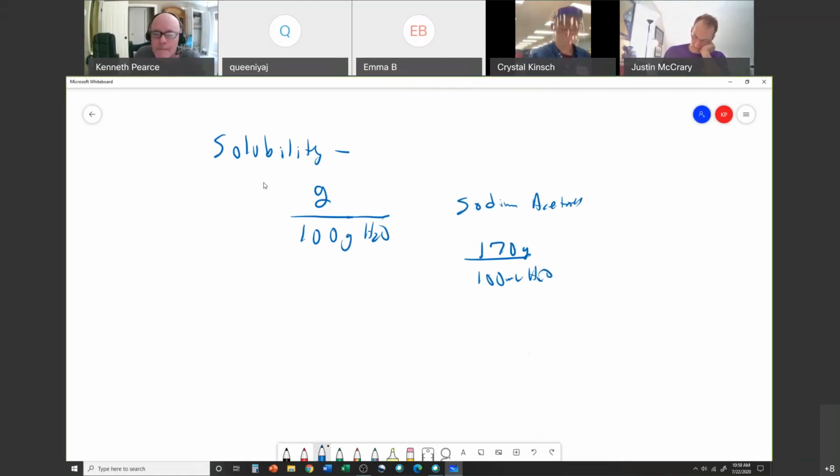Now, what this means is that this is the most that can dissolve. If you try to dissolve more than 170 grams, it's not going in there.